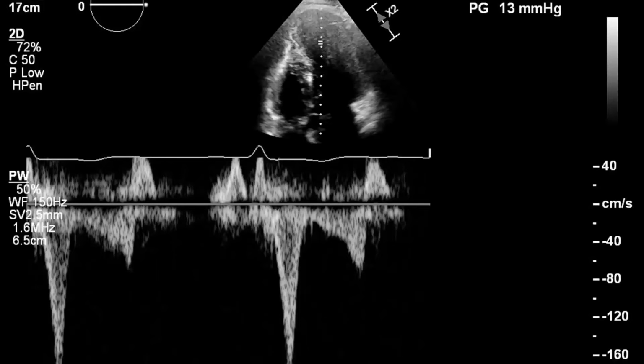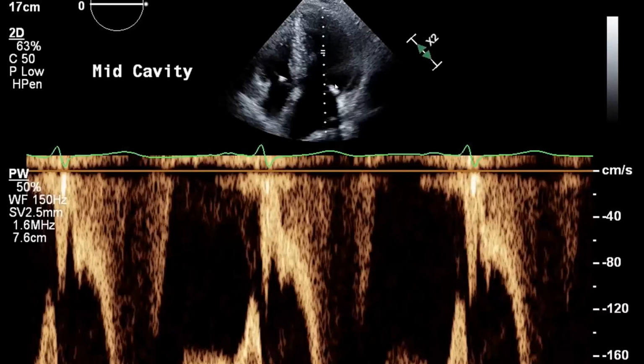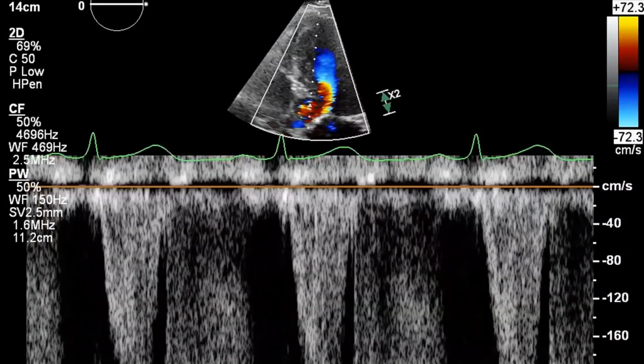And you'll see here we've got a case with sample volumes in the apex, and even there's a reasonable gradient. We moved it down to the mid. The gradient is increased a bit, and there's aliasing there because it's exceeded the velocity threshold which we can display on pulse wave. And then into the LV outflow tract, you can see it's probably not as great as it was in the mid cavity.